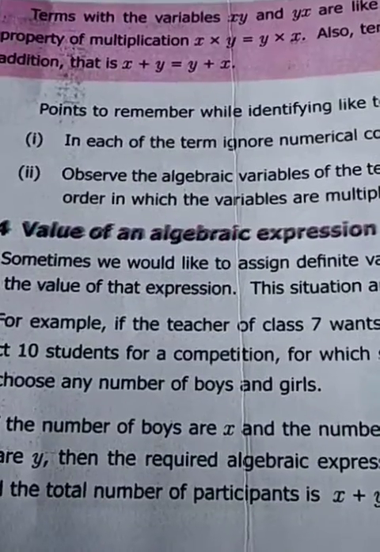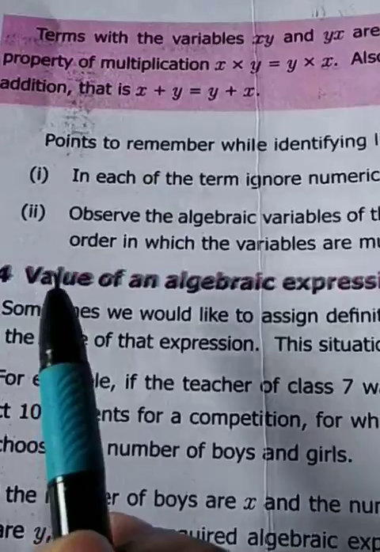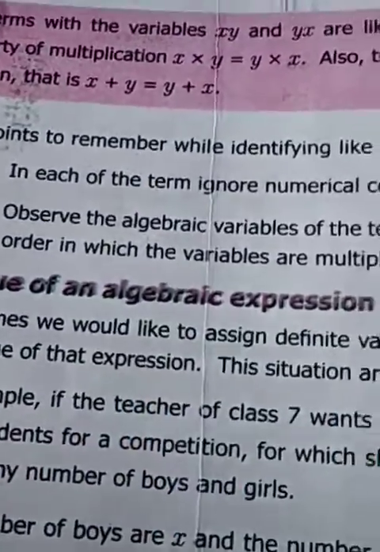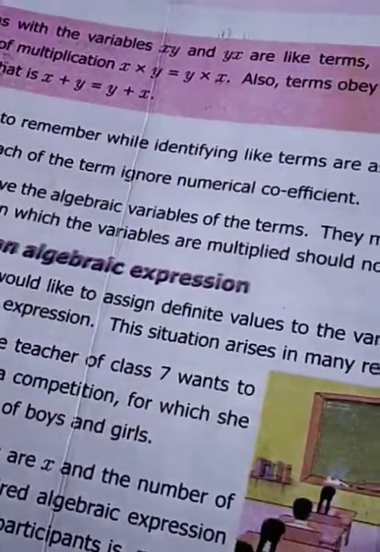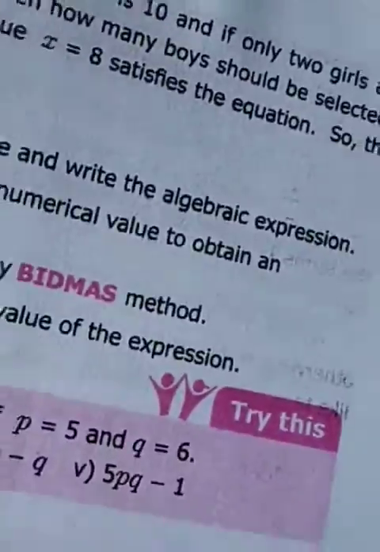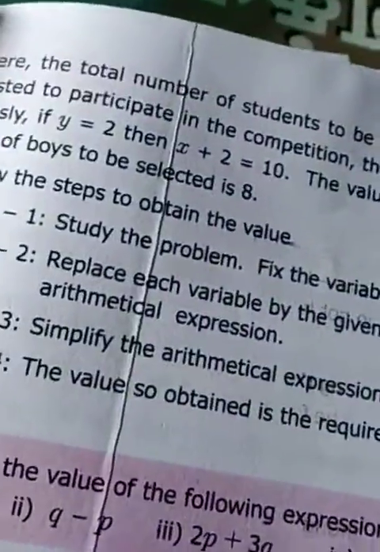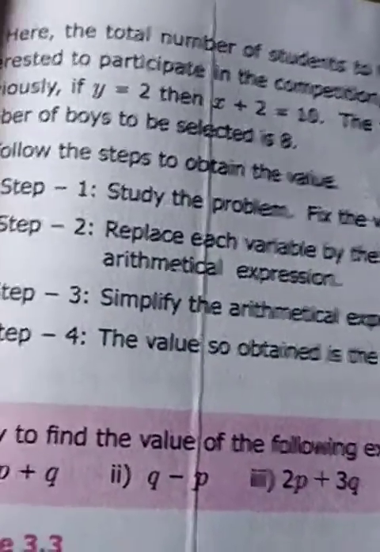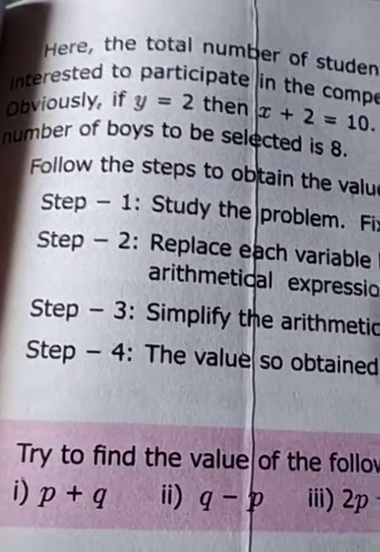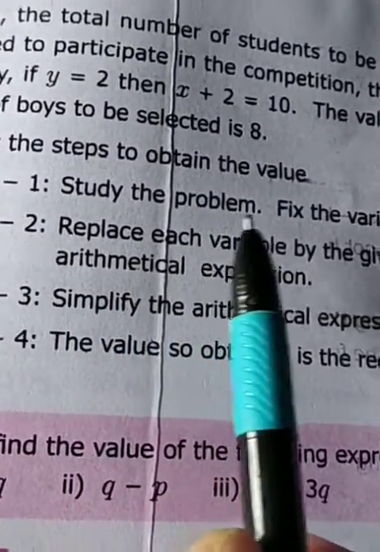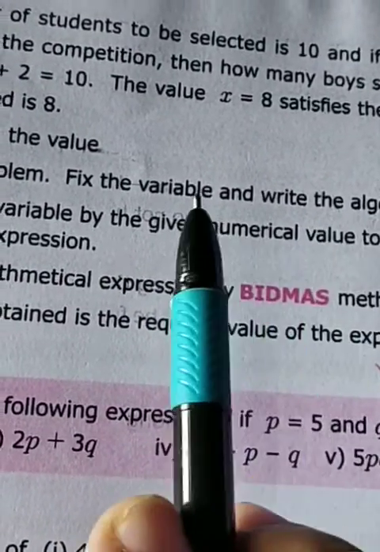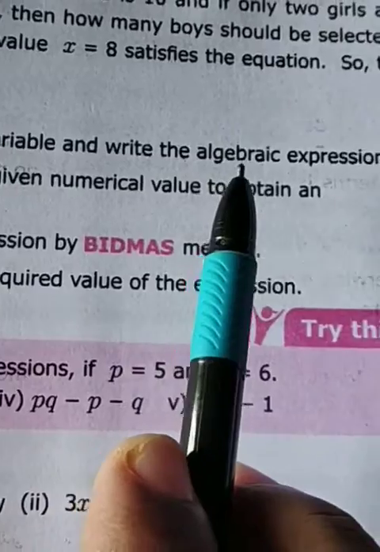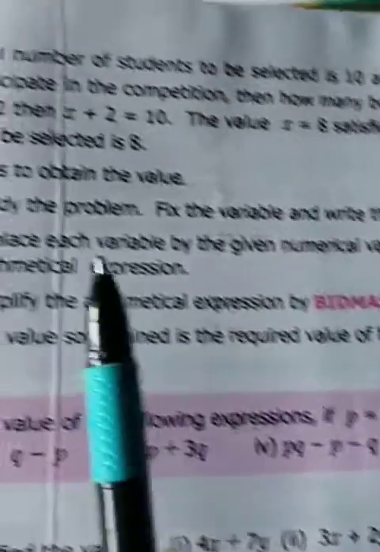Okay, our next topic is finding the value of an algebraic expression. How can we find the value of a given algebraic expression? We have four steps to follow. First step is to study the problem, fix the variable and write the algebraic expression.